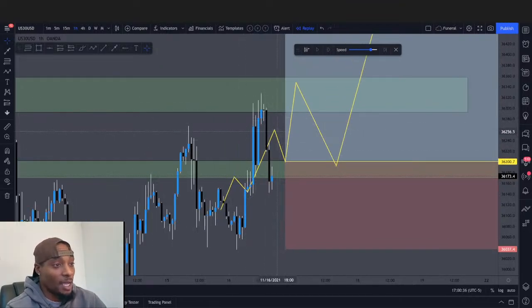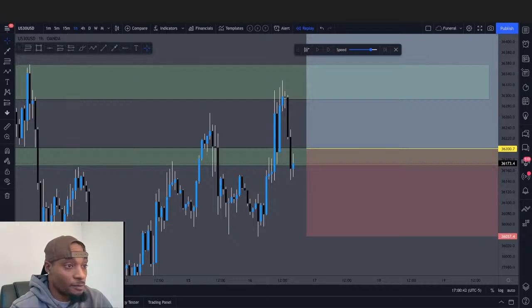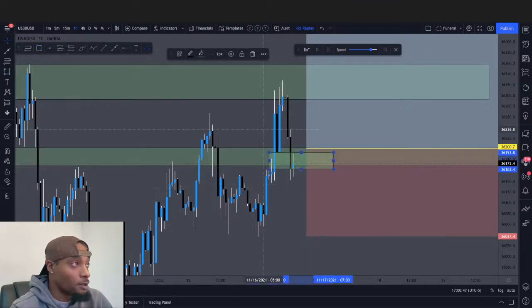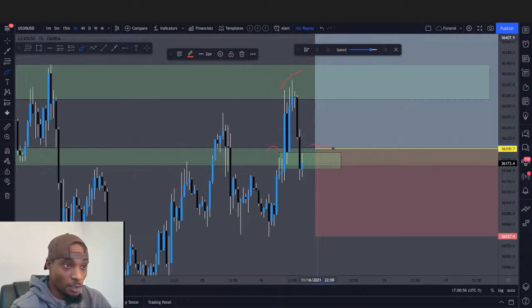But I do not really like this price action as we are breaking underneath some structure, sort of creating, what are we creating, bud? A bean, and a bean. So I don't really like the price action.